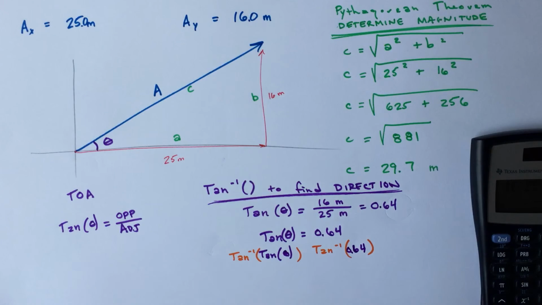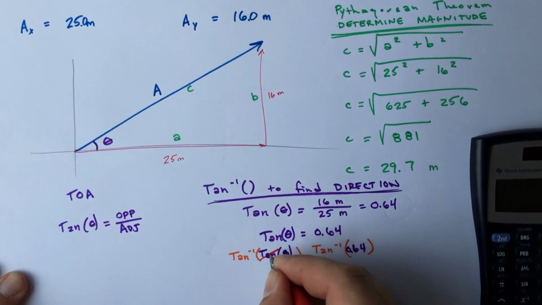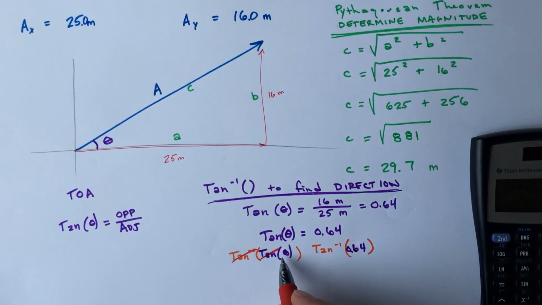Over here we have inverse tangent and tangent. Those two are opposites and they cancel each other out. And so all I have left on this side of the equation is theta.